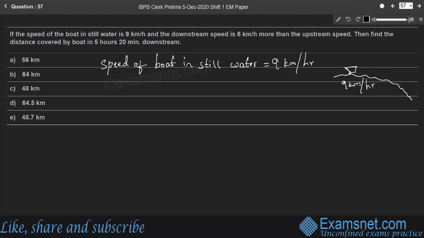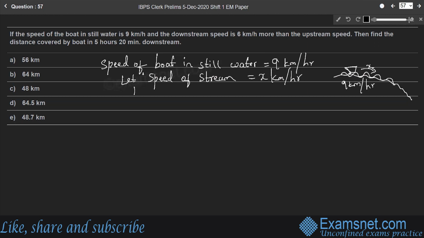Let us assume the speed of the stream is x km per hour. Along with the boat, the stream also has some speed, so let the speed be x km per hour.